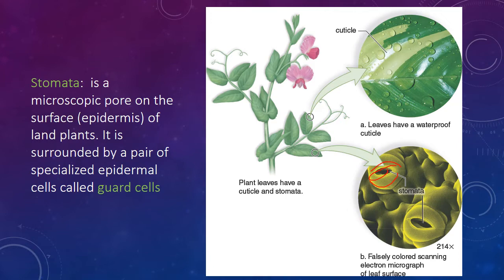So most of the time, these stomata, at least on what we call dicot plants, are going to be on the bottom side of the leaf. And the reason for that is because the top side would be more exposed to sun. So if we had holes on that top side, you would be losing so much water through evaporation that it would defeat the purpose.